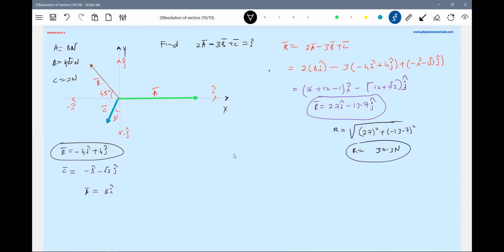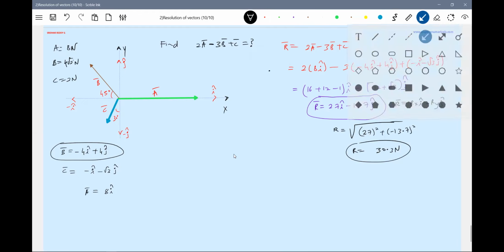Sir, can you show the vector diagram? Okay, this R bar is there, no? So we can also write it as Rx I cap, minus Ry J cap. Why did you take the negative sign? Because if you look at the component, it will be along the negative y-axis. So where should you draw the triangle?